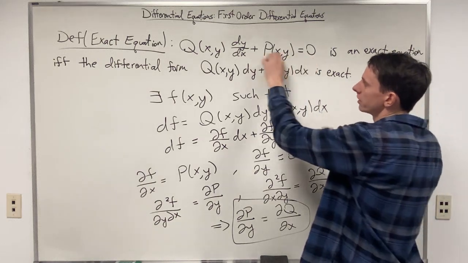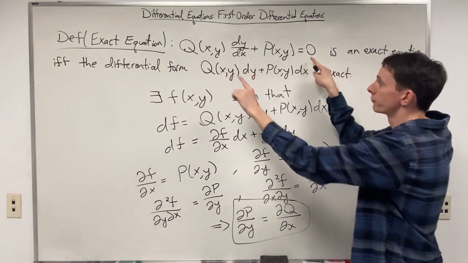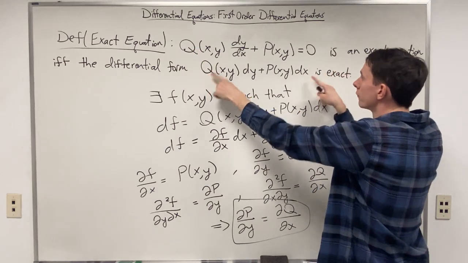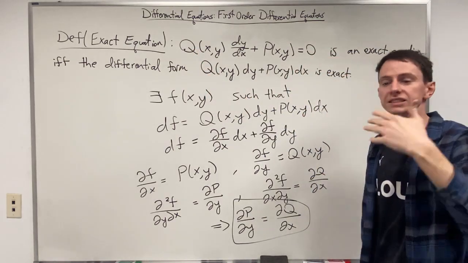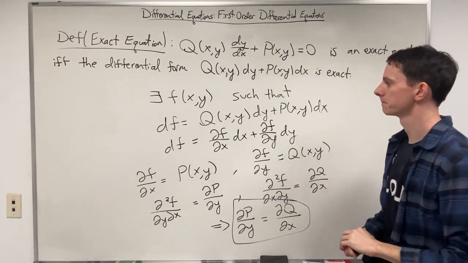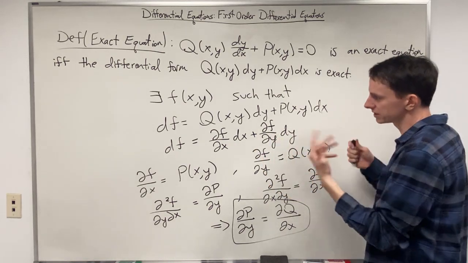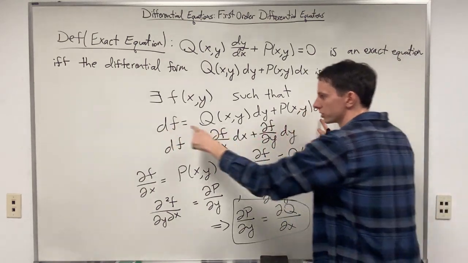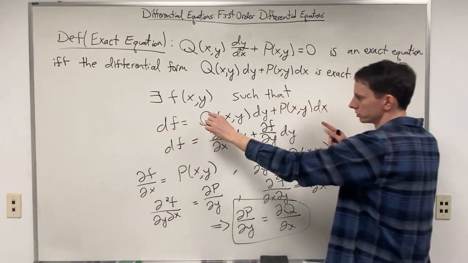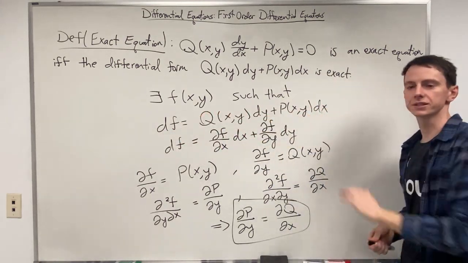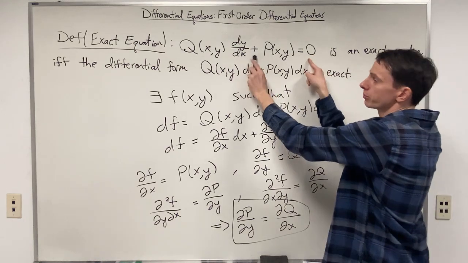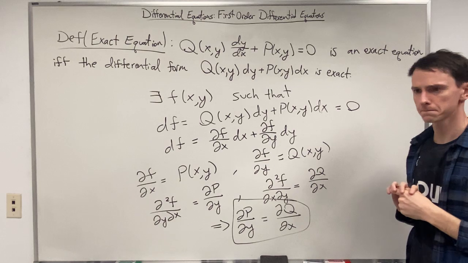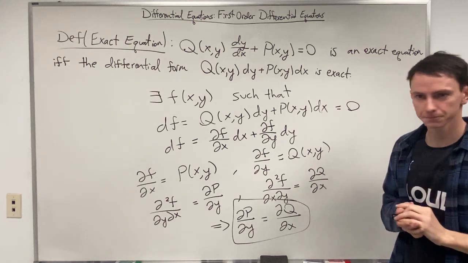For the left-hand side, this is our starting equation, right? If we multiply it by dx, we get the differential form. For the right-hand side, if we multiply it by dx, we get 0 times dx, or just 0. So basically, even though we haven't explicitly stated it yet, this equation right here, df equals q times dy plus p times dx, if this is our starting point, then this needs to equal 0. Okay? Hopefully that makes sense.